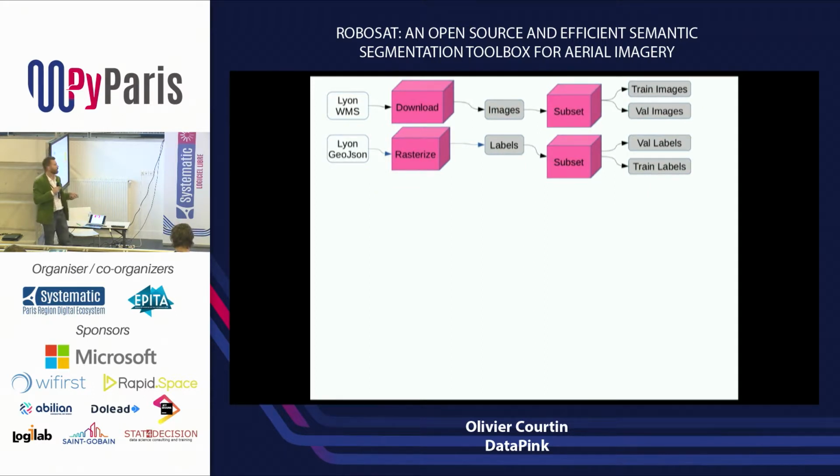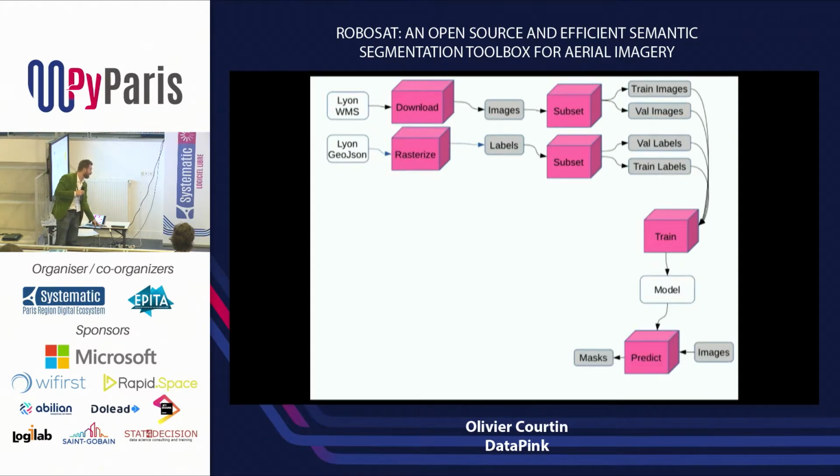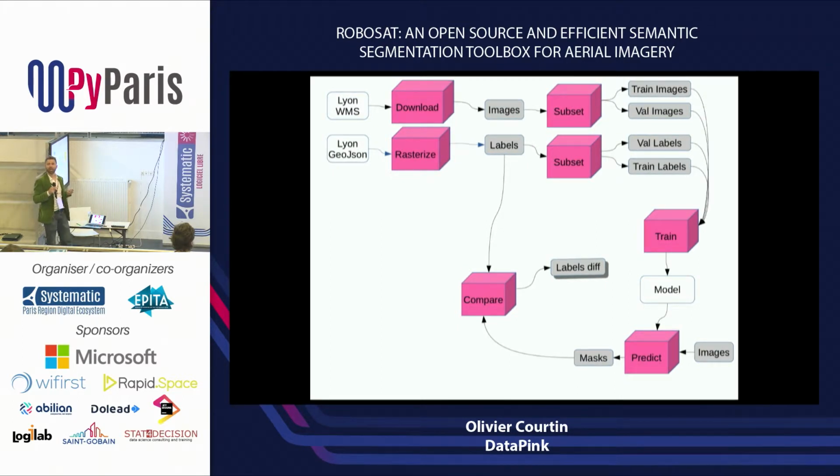We split the data set between train and validation, and then we can launch the train itself, create the model, and then predict with the image some masks, and then we are able to compare if it's okay, yes or no.